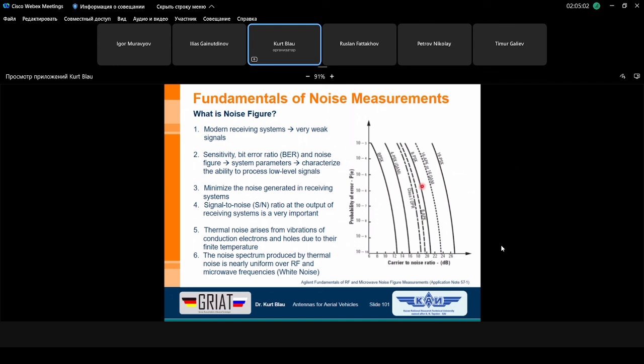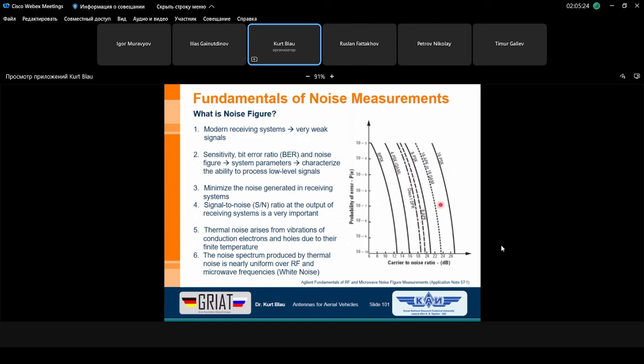But if you have no magnitude modulation, then the phase difference between the switching states is smaller and smaller, and it's clear that you have high demands regarding this carrier to noise ratio here.